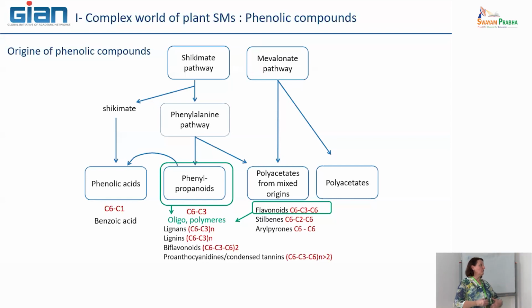My purpose is not for you to learn this. It's just to show how complex it is when we want to identify just one molecule, because when the plant is able to produce a lignin, it means that this plant is able to produce lots of intermediates.